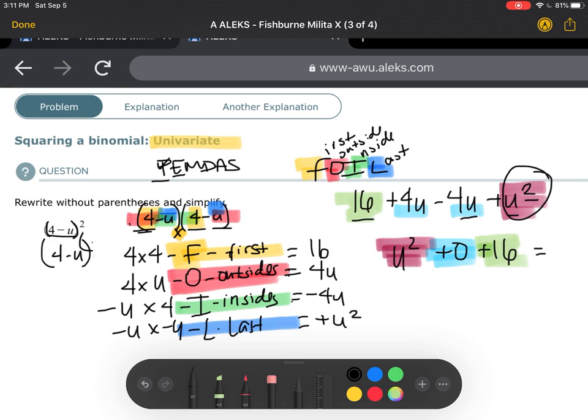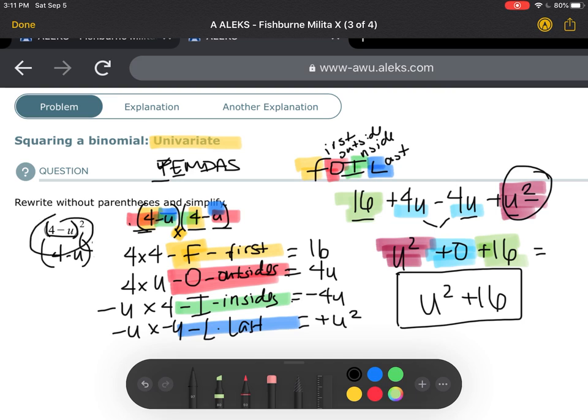Since you simplified it, these two simplified to that. So it's u squared plus 16, and that is the answer. I know I gave you the super long, everything-explained example of this, but this is how to write it this way using FOIL.